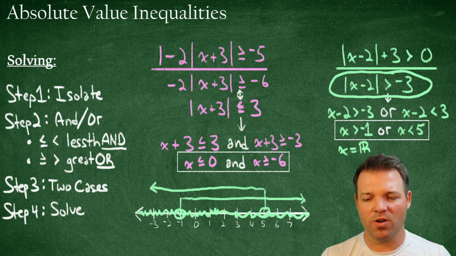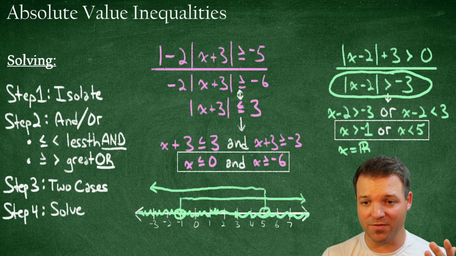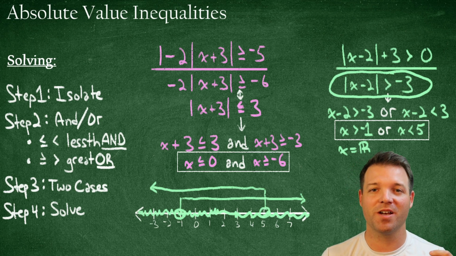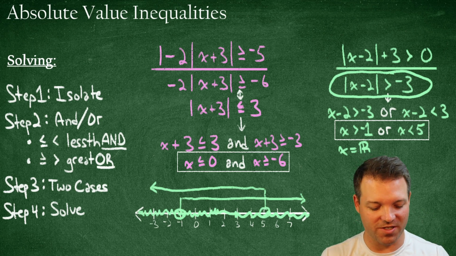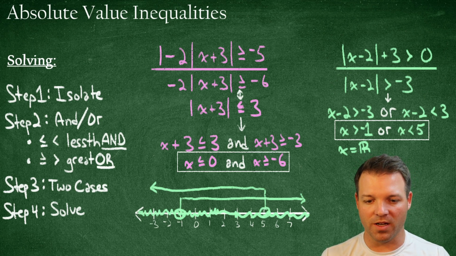And it's saying, where is the absolute value of something greater than -3? Well, it doesn't matter what I choose because no matter what, the absolute value of something is going to give me a positive number, which is always going to be greater than -3. So that makes sense that it is all real numbers. So anyways, a little something to point that out.